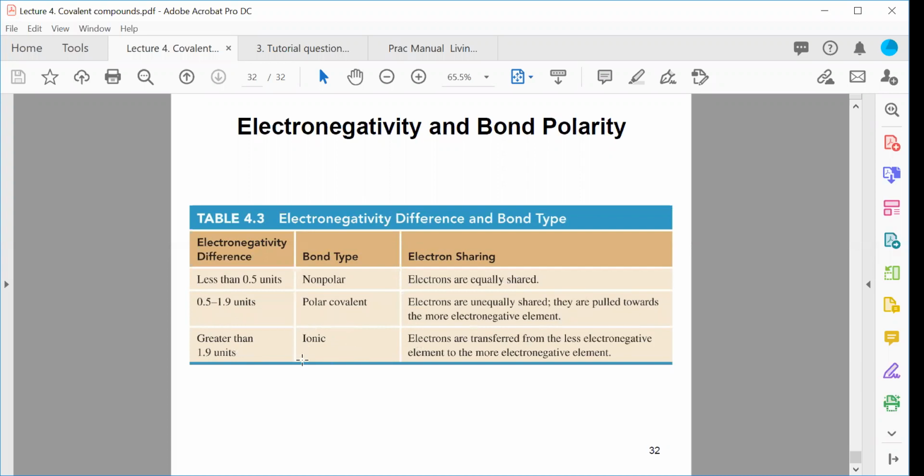It means that the electrons are no longer being shared, they are being transferred. So when we have a transfer of electrons, that is loss and gain, the bond type becomes ionic. Electrons will be transferred from the less electronegative element to the more electronegative element.